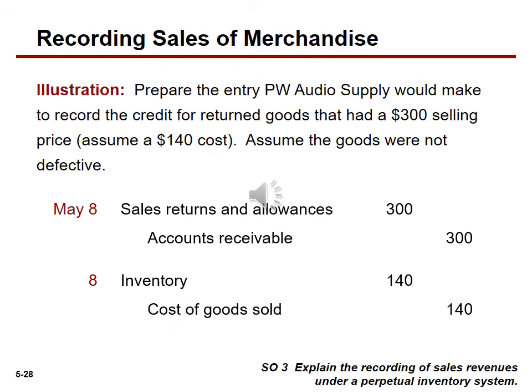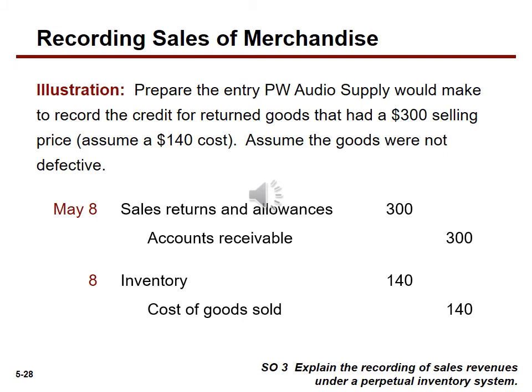Now remember when Souk Stereo returned products worth $300? Now we're going to look at the same transaction, but from PW Audio Supply Inc.'s perspective, which is the seller's perspective. So the illustration here says prepare the entry PW Audio Supply would make to record the credits for returned goods that had a $300 selling price and assume a $140 cost.